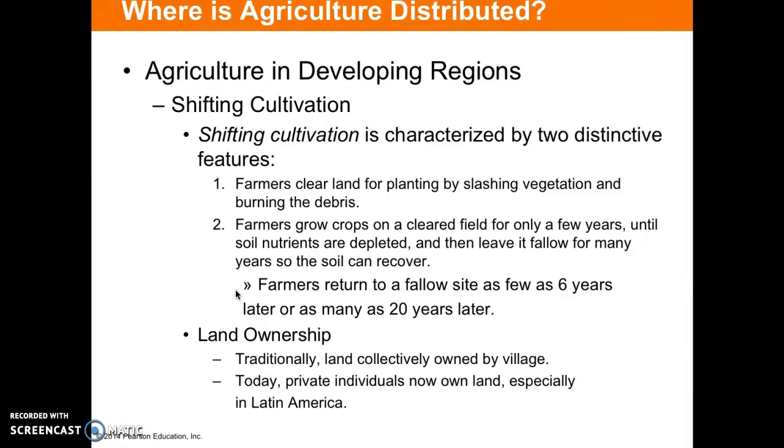And you're going to find shifting cultivation in areas like the rainforest. This is not like slash and burn agriculture, where large corporations come in, burn down acres and acres and acres of rainforest, and then put a plantation in there instead. The rainforest is never able to take over that land.